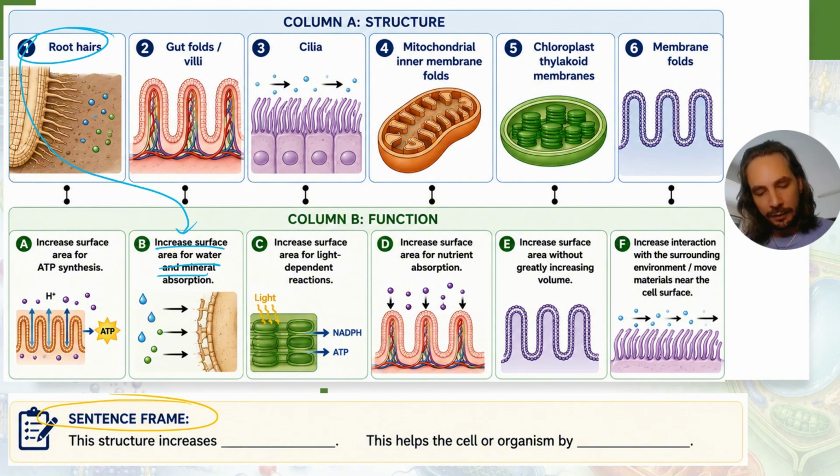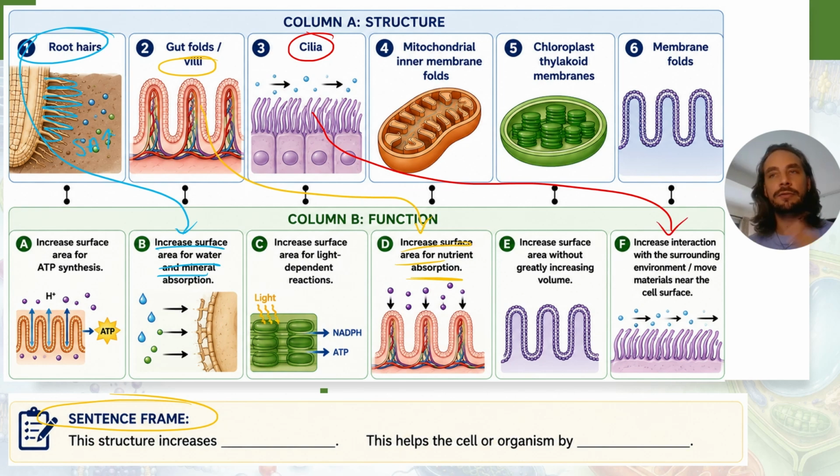They make these little hairs that increase the surface area while the volume more or less stays the same. Villi, or gut folds, increase the surface area for nutrient absorption so that they're more efficient in taking in nutrients. We have cilia, and these increase the interactions with the surrounding environment.